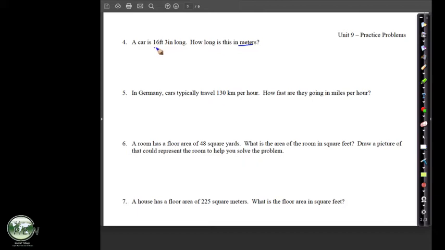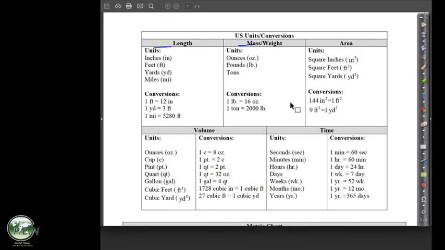Okay, so that's one thing we're going to want to do. And then we're going to want to convert from either inches to meters or feet to meters. So maybe what we could do is take a look at our conversion sheet. And let's see.